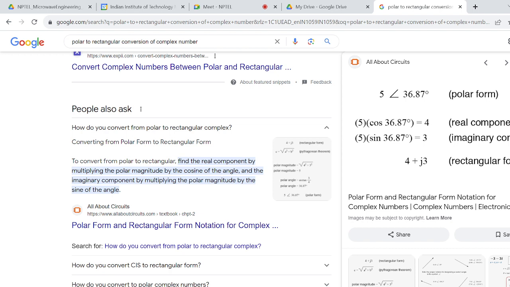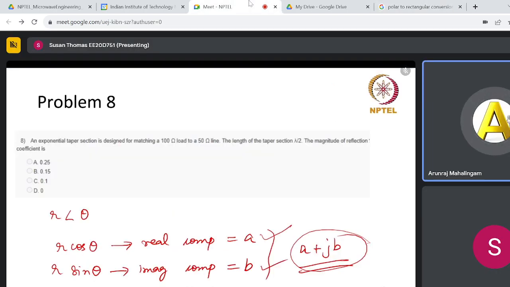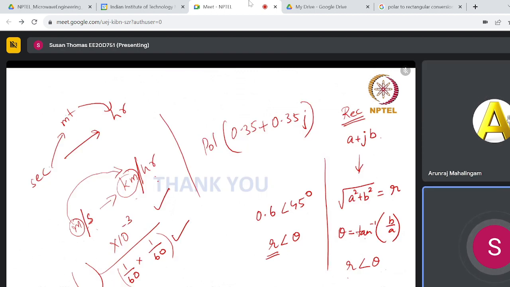This will be the real component and this will be the imaginary component. So this is A and this is B, and finally I will write it as A plus JB. So from r angle theta, you make it r cos theta, r sin theta. That will be your real and imaginary component. Finally, you will write it as A plus JB.